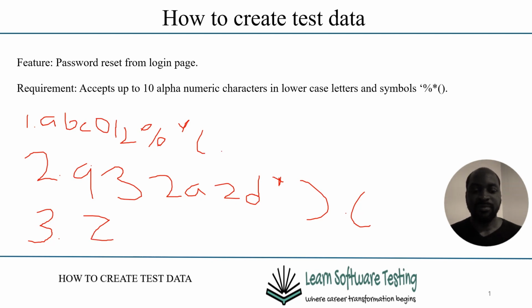If we maybe put in a space between the characters, so uppercase Z, then lowercase a, what do we expect? And lastly, let's put in a different symbol. Obviously, this scenario would expect the test data to trigger a failure.